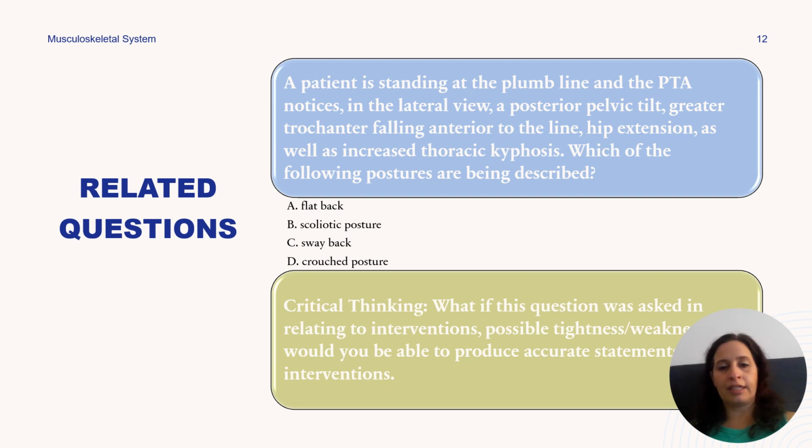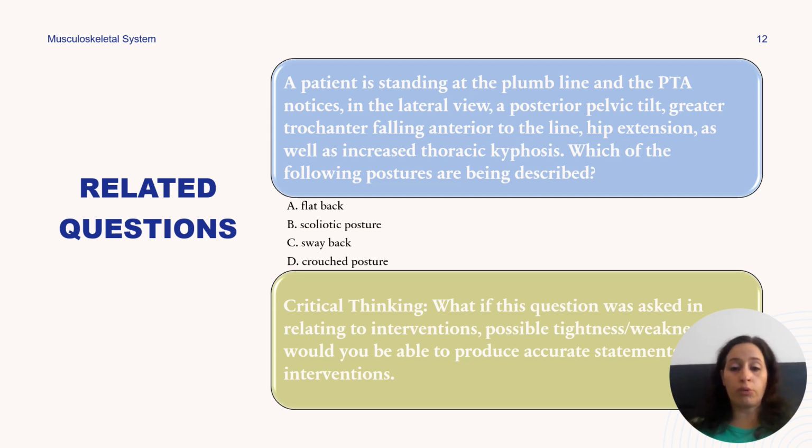So basically what we're looking at here is the rounded upper back because of the thoracic kyphosis, and then your butt kind of tucked in with your hips pushing forward because they're extended, not flexed, right? So what posture is being described? Flat back, scoliotic, sway back, or crouch posture, right?